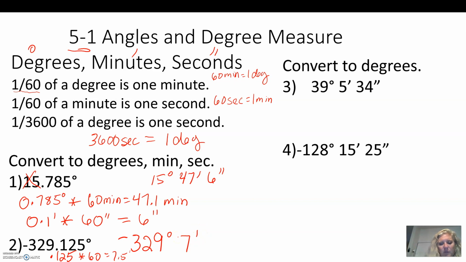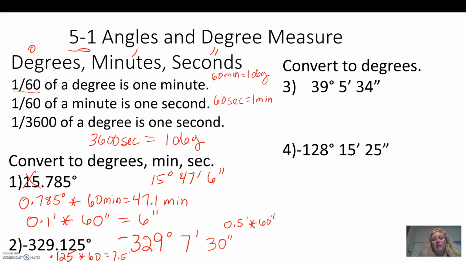And now for the 0.5, I'm going to take 0.5 minutes times 60 seconds, and we can do that in our head. That's going to be 30 seconds. Okay, hopefully you got that as well. The negative sign just gets written out front to show that it is negative.